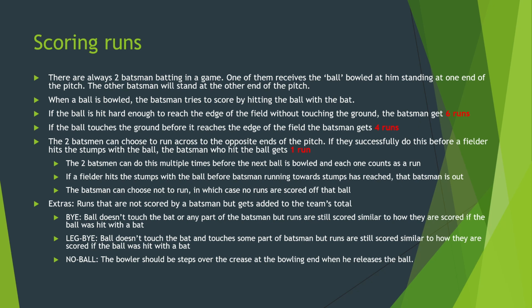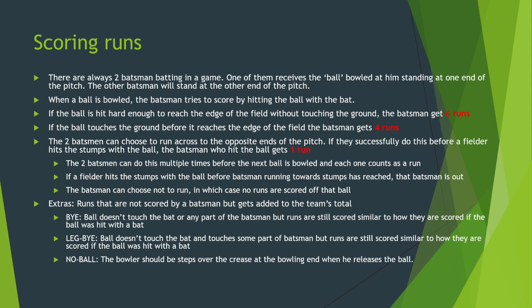We are not going to dive into the other ways of getting runs, but in general, the same rules as above, meaning the ball crosses the rope or the batsmen cross over to the other end, still apply to extras, but without hitting the bat.